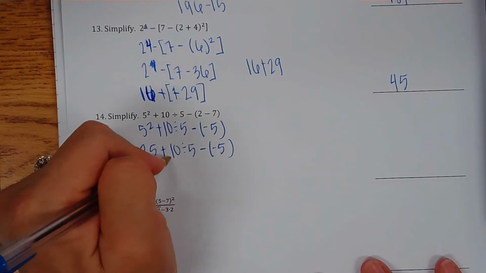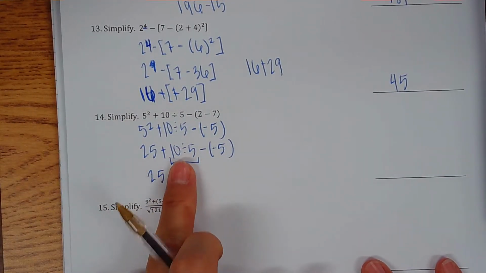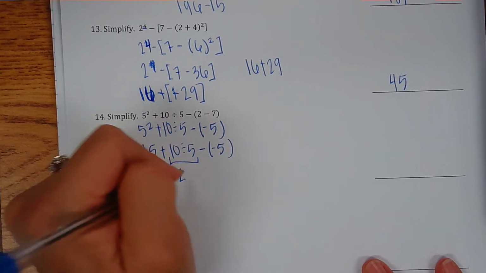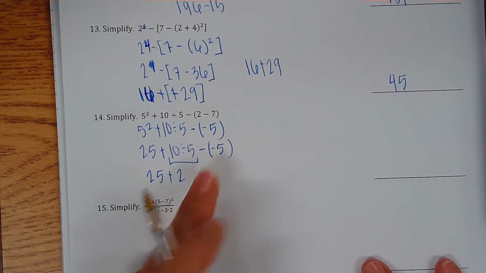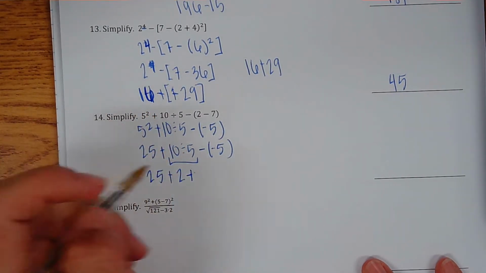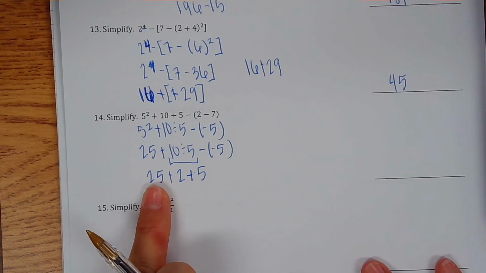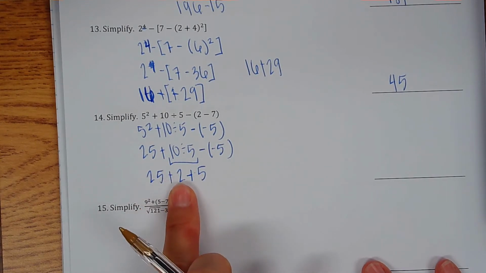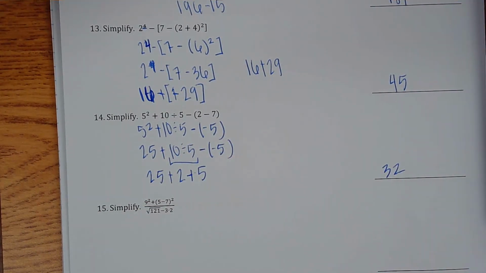We'll divide this bit first, so we'll have 25 plus 10 divided by 5 is 2. And then I'm going to just look at these two negatives side by side and write plus 5. So now we have 25 plus 2, which is 27. 27 plus 5 is 32, and we are good to go.